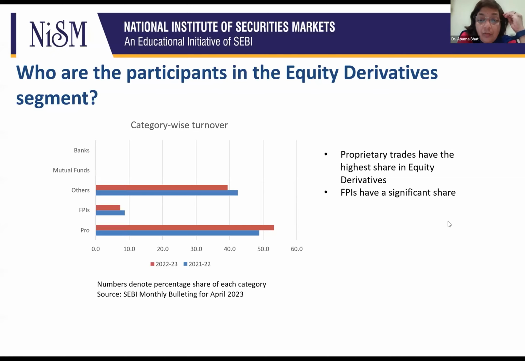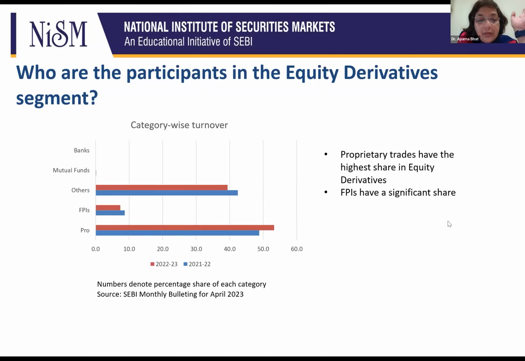Our equity derivatives market is very different from the market in other developed countries like the US. In the US, most of the trading in equity derivatives is done by institutions, like the big investment banks, and retail investors hardly have any participation. But in India, the picture is very different.